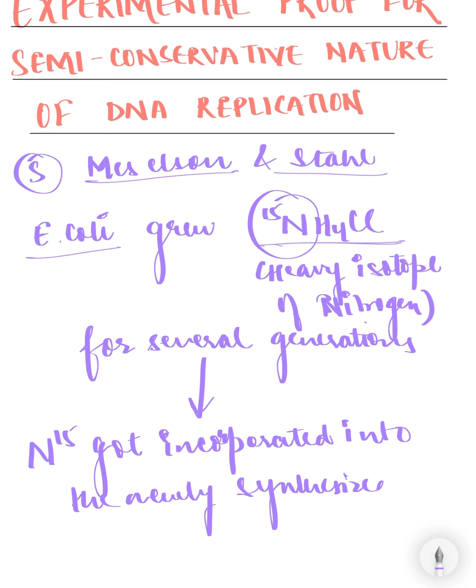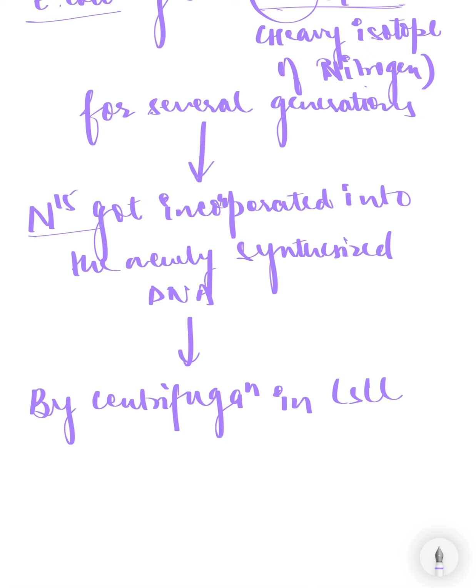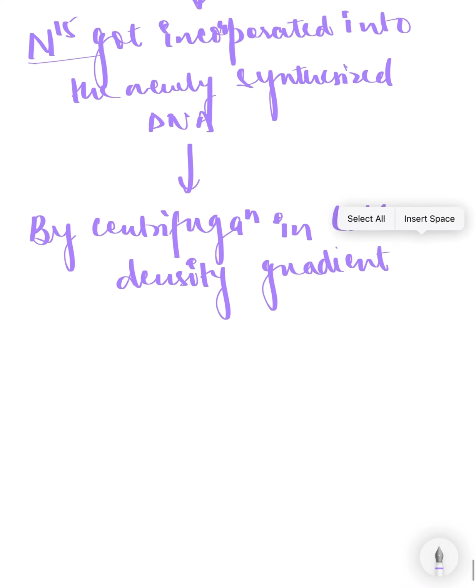This heavy DNA can be differentiated from normal DNA by centrifugation in a cesium chloride density gradient. What do we mean by centrifugation in cesium chloride? Let's suppose this is the test tube and we have the cesium chloride medium here.